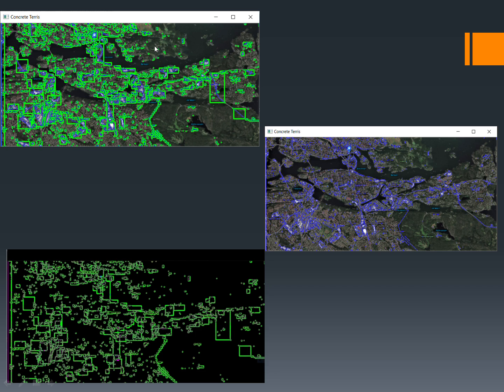We just don't want them. Why don't we just disregard the portion where there is forest or water, leave them out, and then work on this urban region.